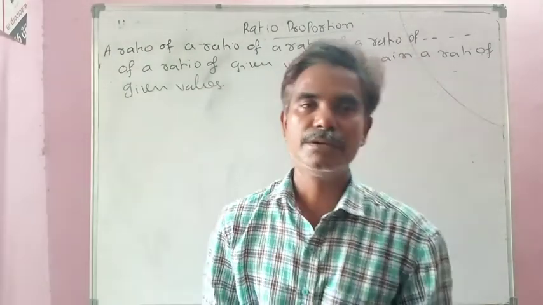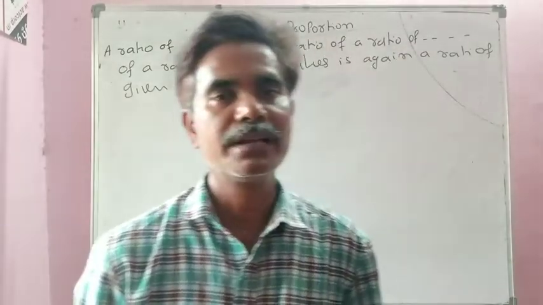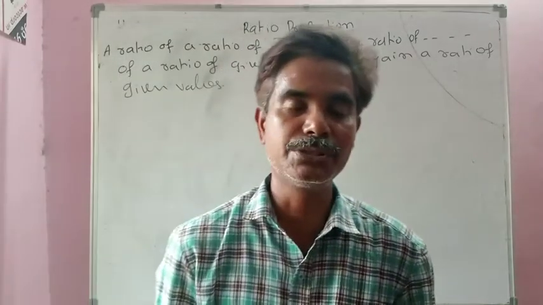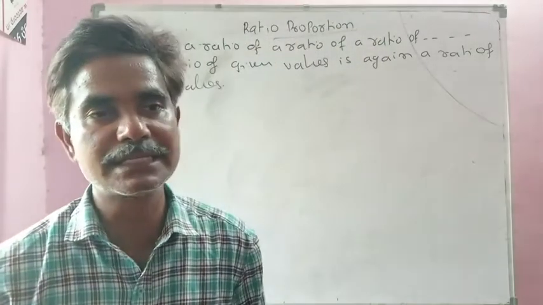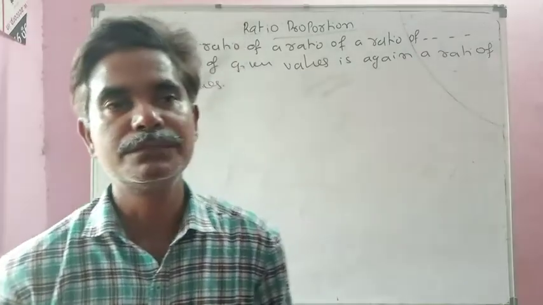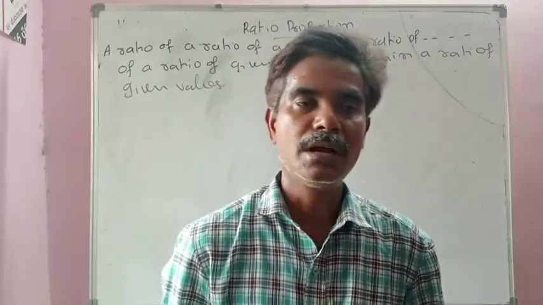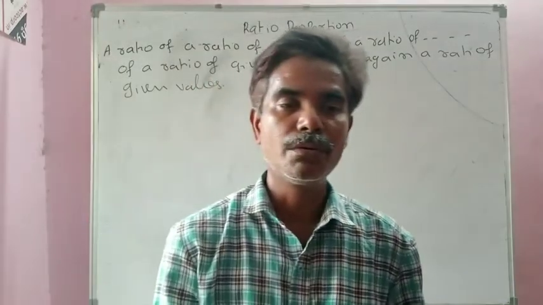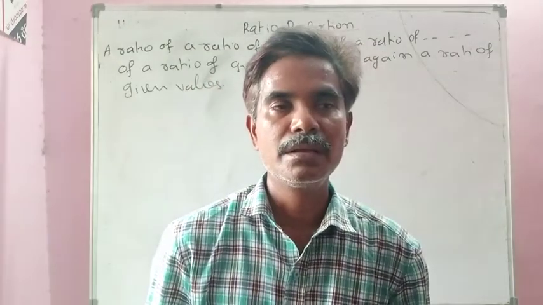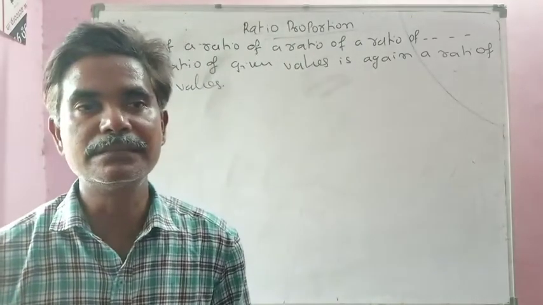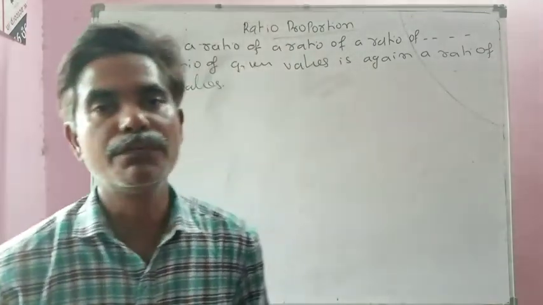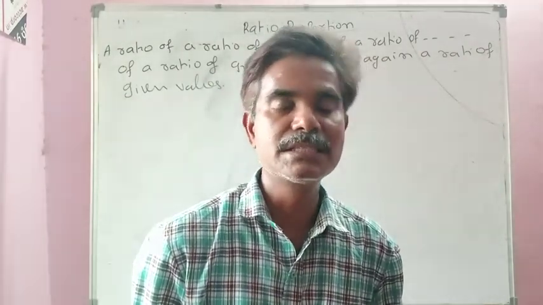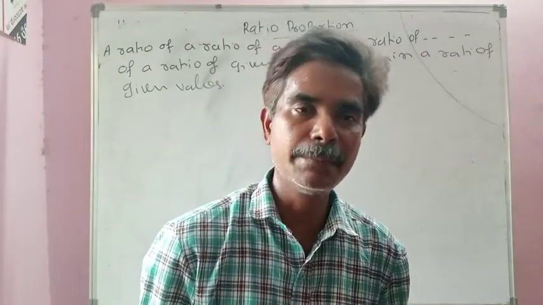That means if we have a ratio of given numbers and we find a ratio of that ratio, the obtained ratio will act as a ratio of the given values. And if we again find the ratio of the obtained ratio, it will act as a ratio of the original values. Let us explain this through an example.